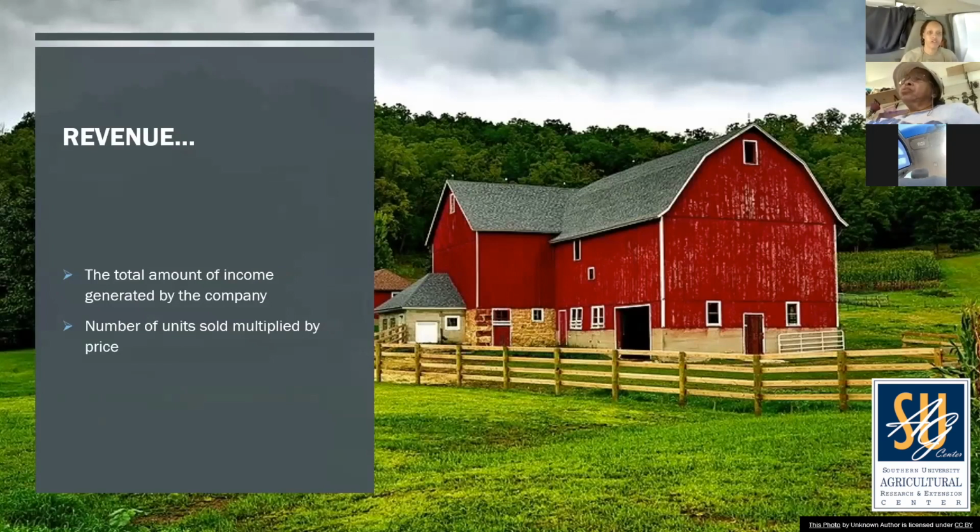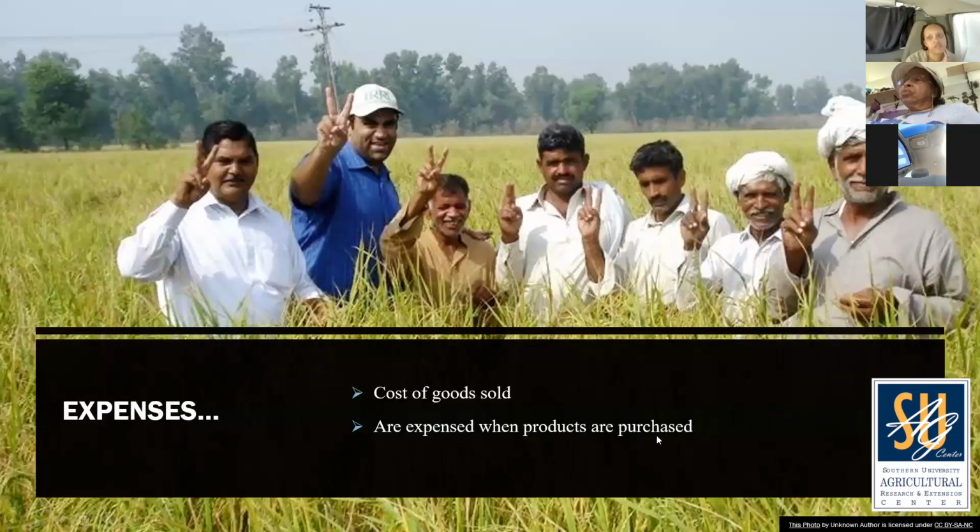And then you have your expenses. The expenses, of course, are things that the company purchases, the cost of goods, basically what you spend to generate your revenue. And this is an expense when the products are purchased.